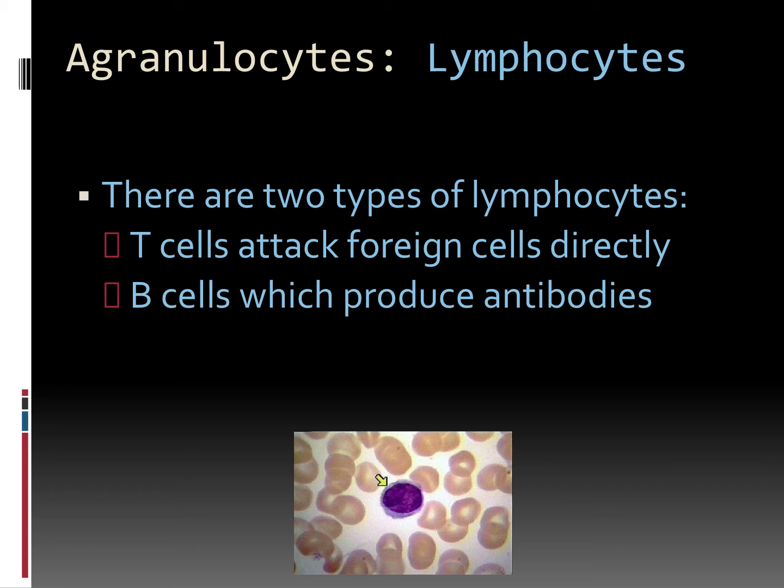So they produce the little flags that stick on the outside of infected cells and tell the T cells to destroy them. So again, we'll talk more about these in specifics when we do the immune system. But for now, you just need to know that there are T and B lymphocytes. T cells attack. So T and attack. Sure. And then B cells produce antibodies. So B and body.